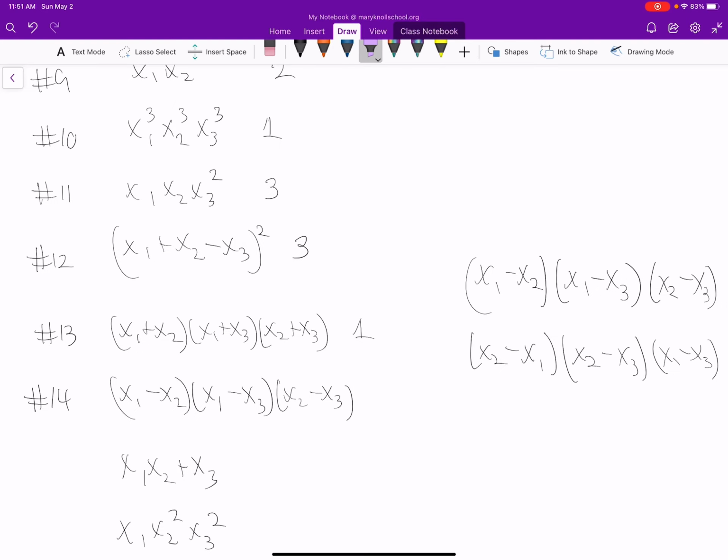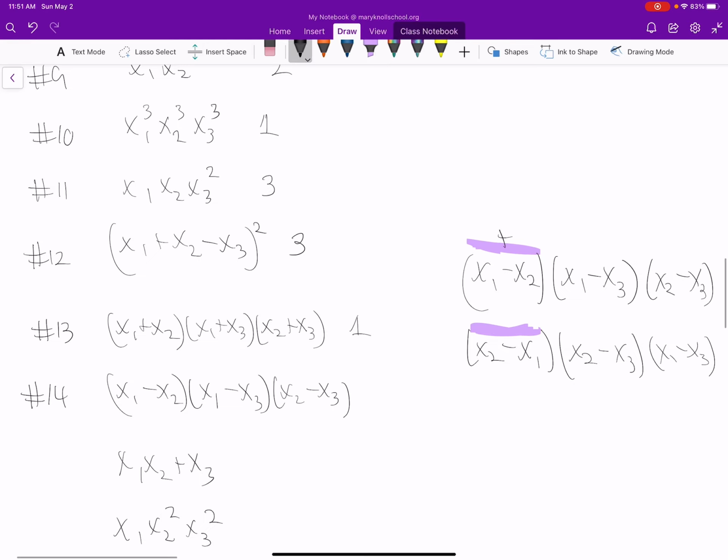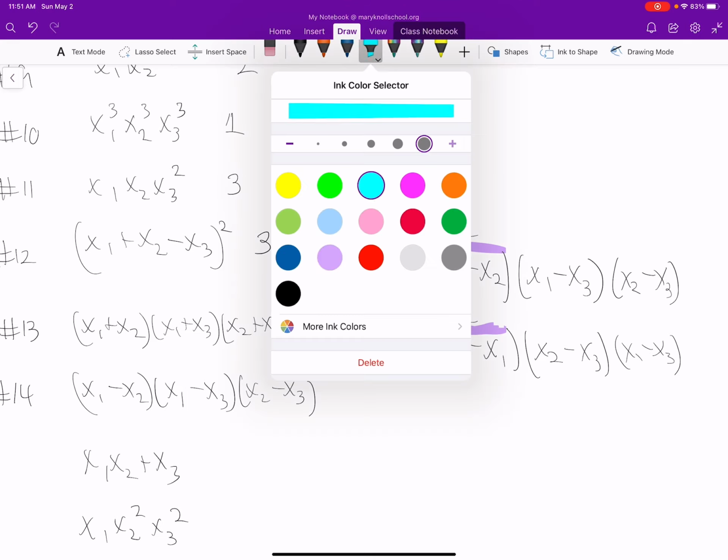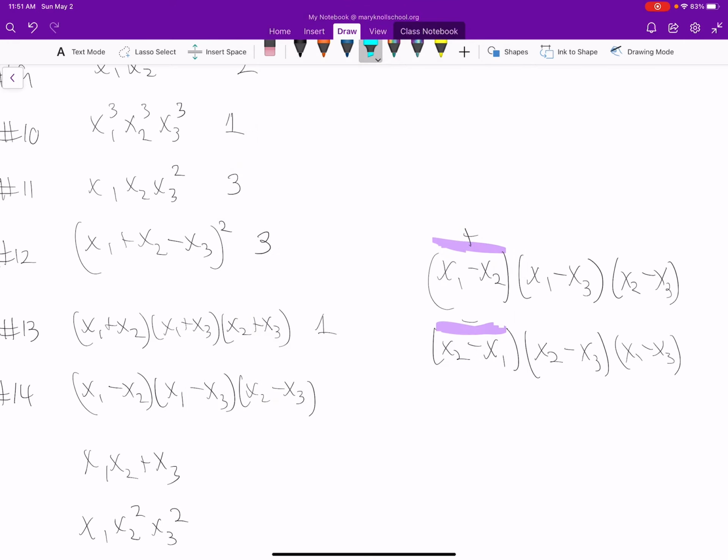All right, so this right here, x1 minus x2, that is going to be a positive version of this. So if this is positive, then this is negative, right? Okay, so those are different, kind of, not super different. Maybe it could still collapse. And then here we get x1 minus x3, and that is right here.